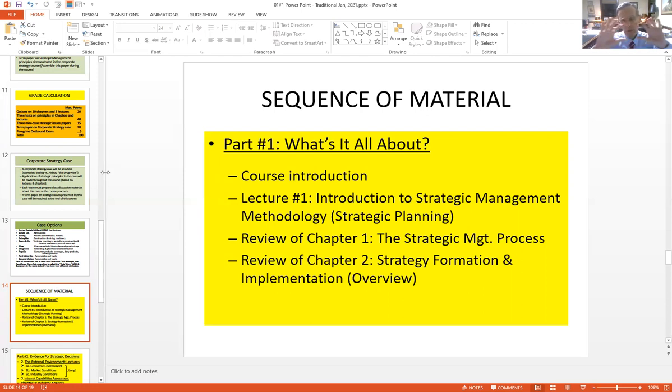It paints the broad overview of the strategic management process and how strategy is formed. After chapters 1 and 2, we're really just getting into the fine points and the specifics.